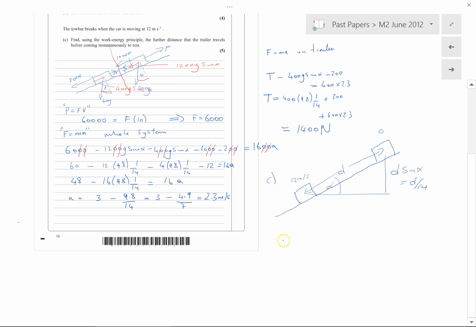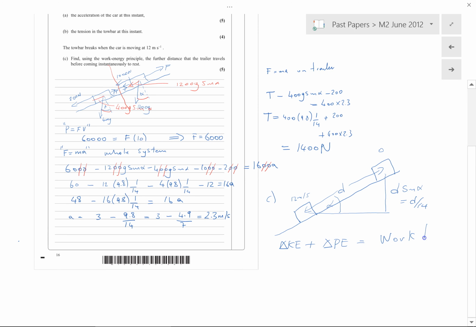As I say, I tend to use this structure, which I do think is helpful because everything can fit into this one thing. The work done in this case is work done by friction, work done by resistances, not with friction, work done by external forces.